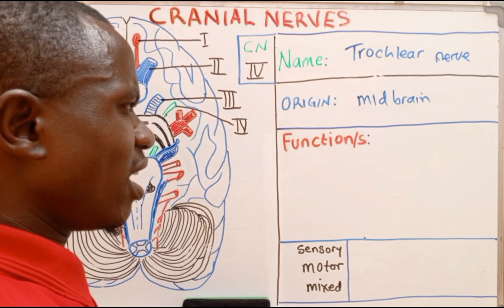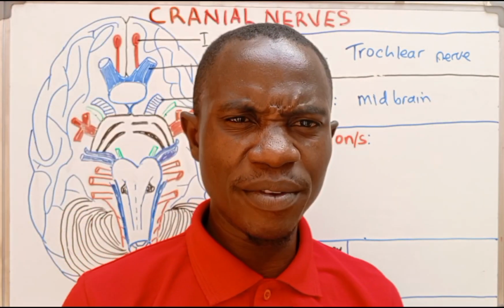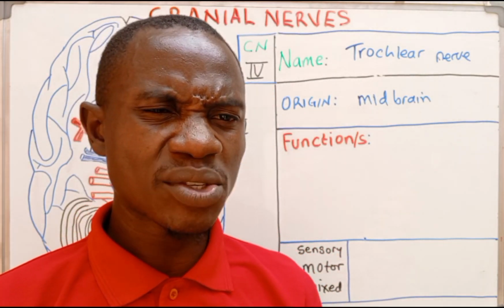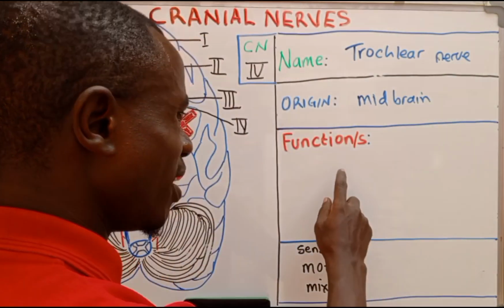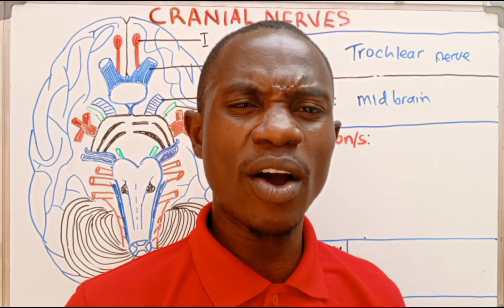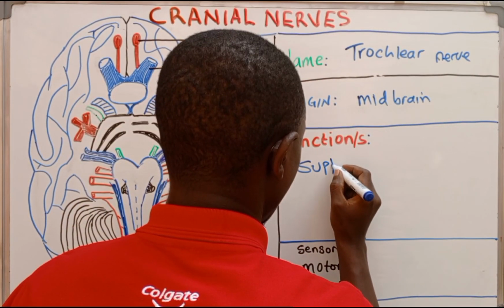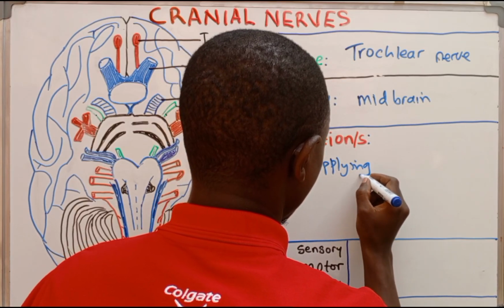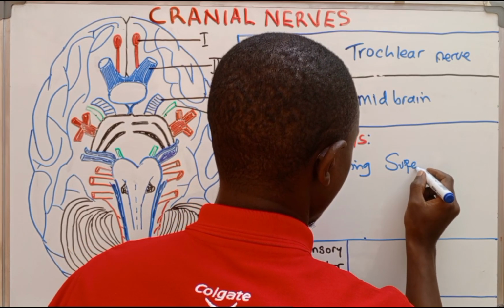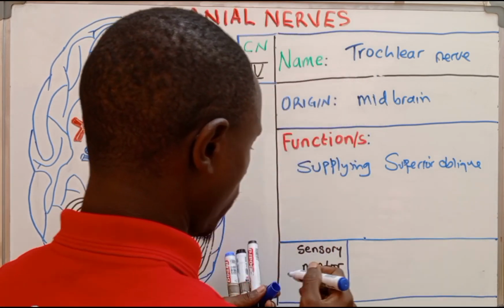You see, this cranial nerve is going to be serving one of the extraocular muscles, and this extraocular muscle is going to be the superior oblique. Okay, it's going to be supplying the superior oblique.